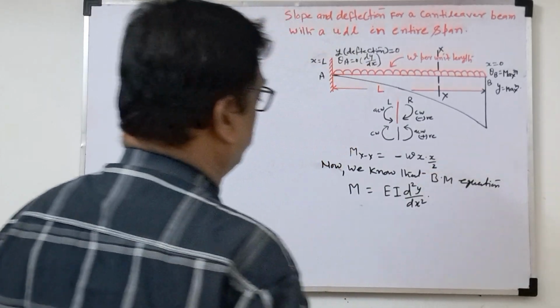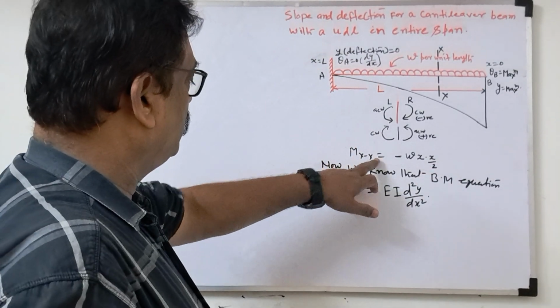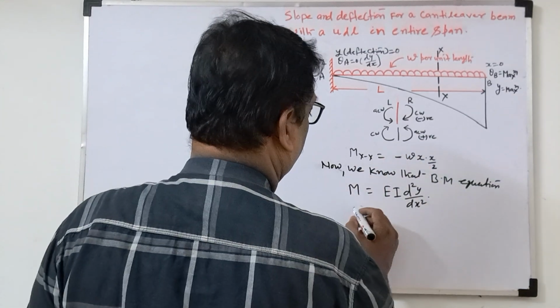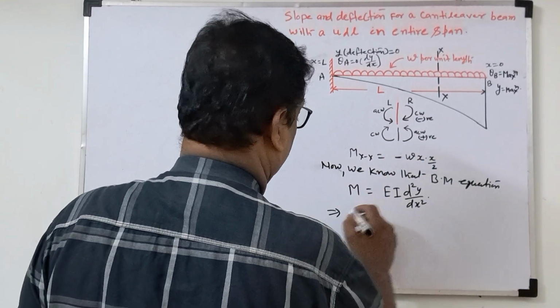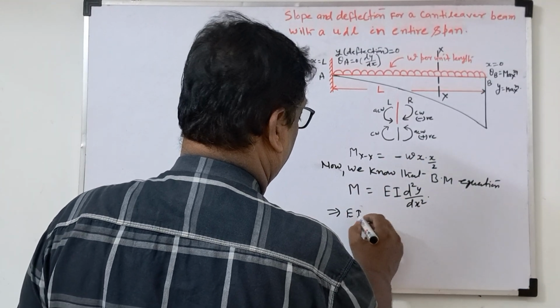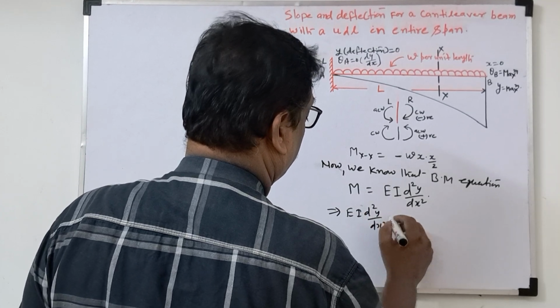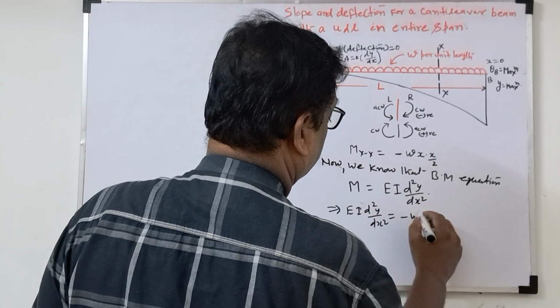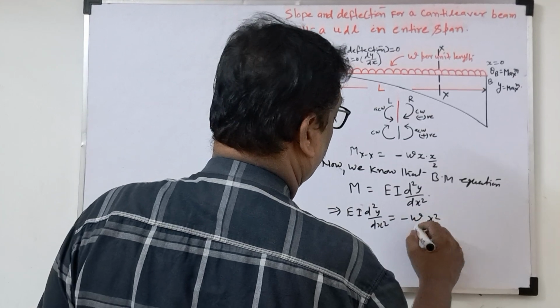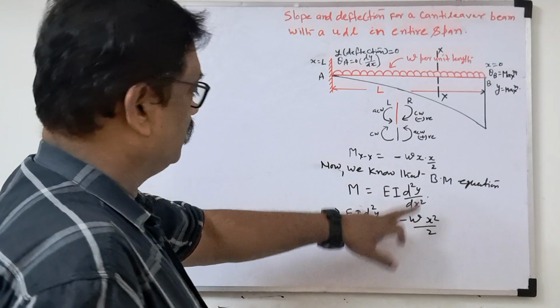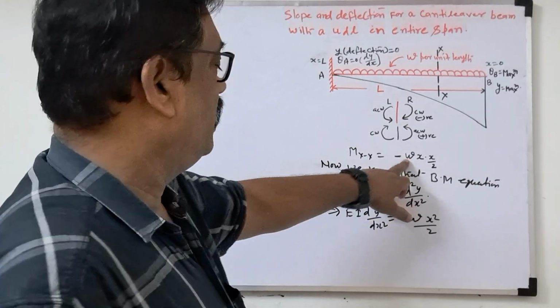This is the bending moment equation. Now we substitute the bending moment here and integrate. So EI d square y by dx square equal to minus wx square by 2. We substituted the bending moment equation.